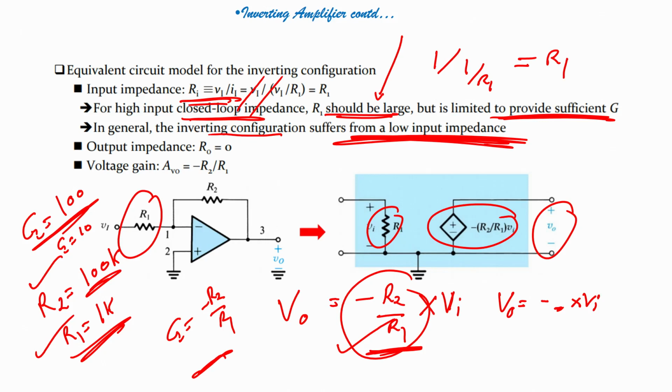So, in case of the inverting amplifier, the low input impedance is a problem, or in other terms, the inverting amplifier configuration suffers from a low input impedance. Output impedance is 0, voltage gain is nothing but minus R2 by R1. Easy, super easy, right.